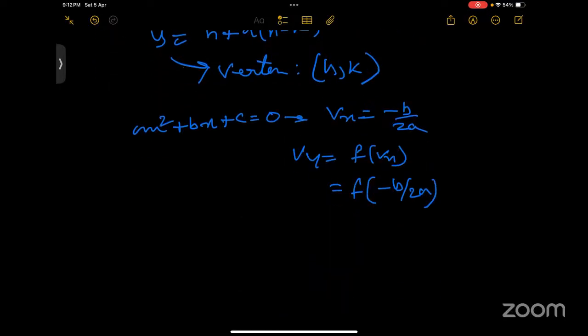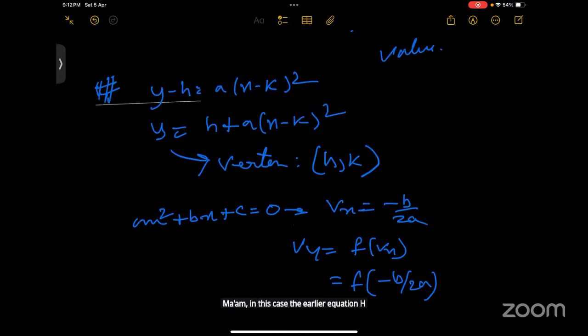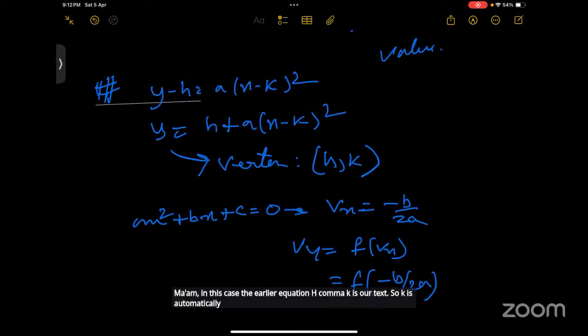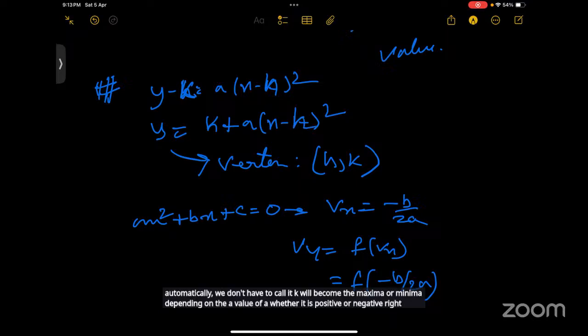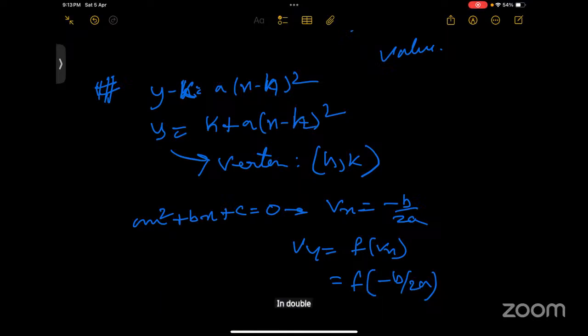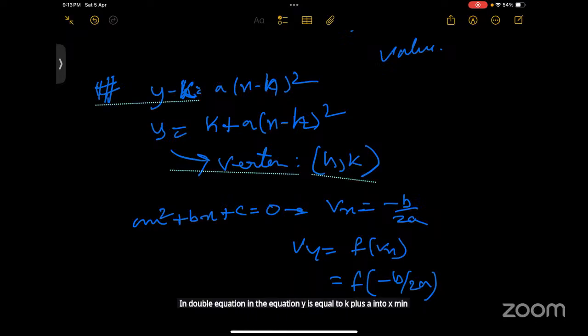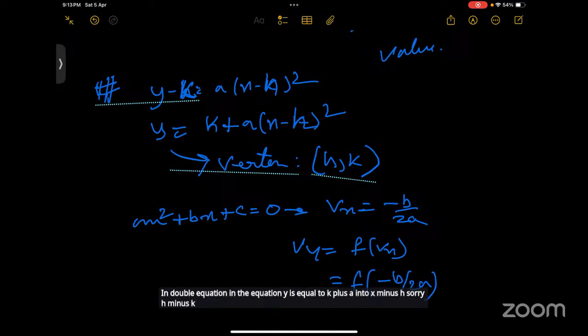Ma'am, in this case, in the earlier equation, (h, k) is the vertex. So k is automatically, we don't have to calculate, k will become the maxima or minima depending on the value of a, whether it is positive or negative, right? In the equation y is equal to k plus a into (x minus h) whole square, you said the vertex is (h, k).